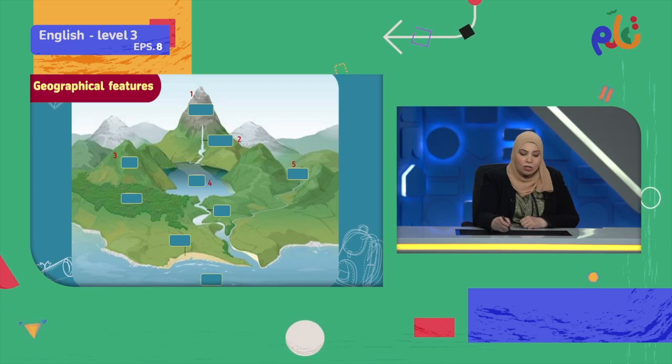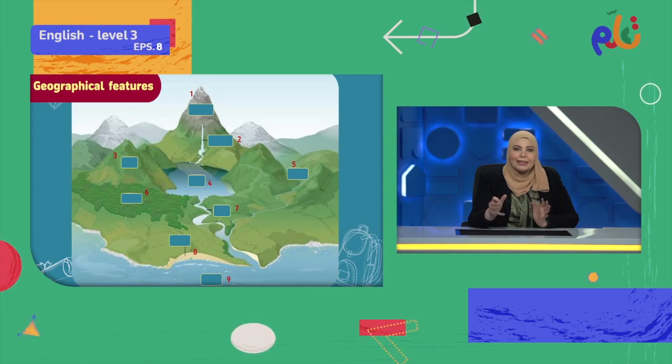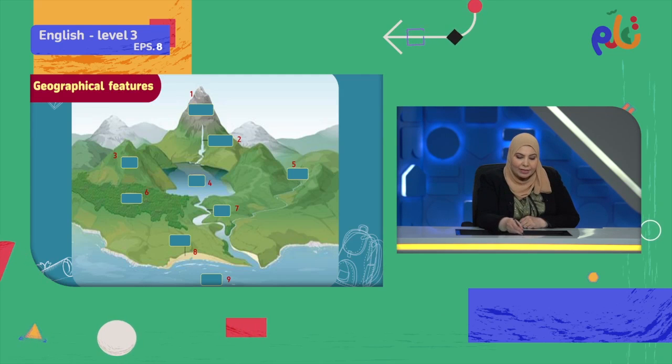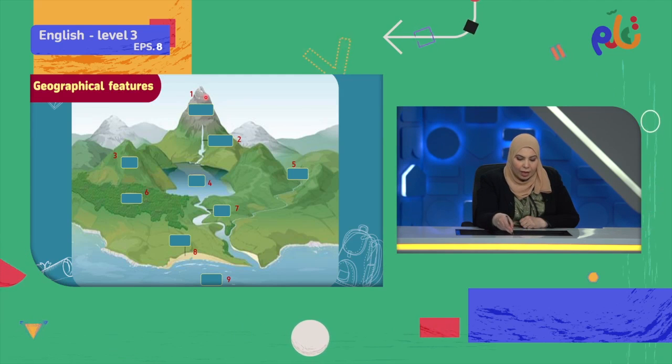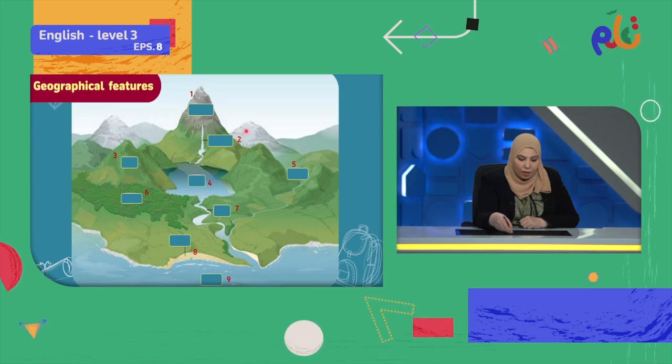So now let's do some more practice related to the same vocabulary that we have studied. Let's guess the geographical features that we have on a map. So here we have a map that has lots of geographical features. Let's look at them and let's try to identify each part of them. So we have, this is number 1. Number 2, the water which is coming there.